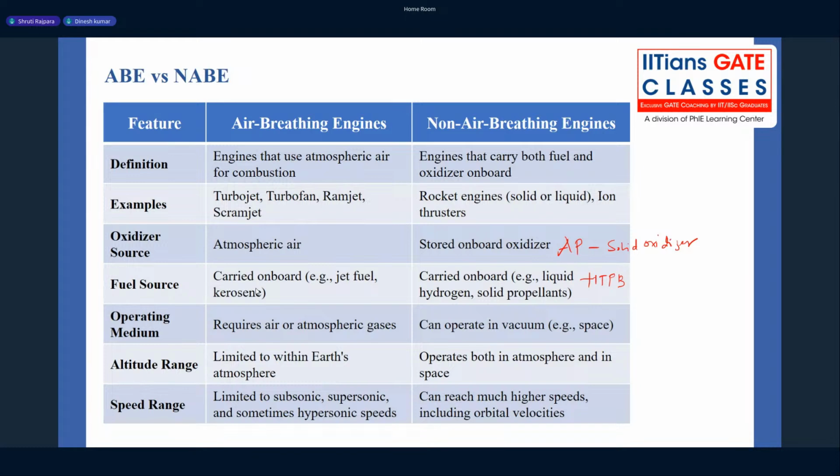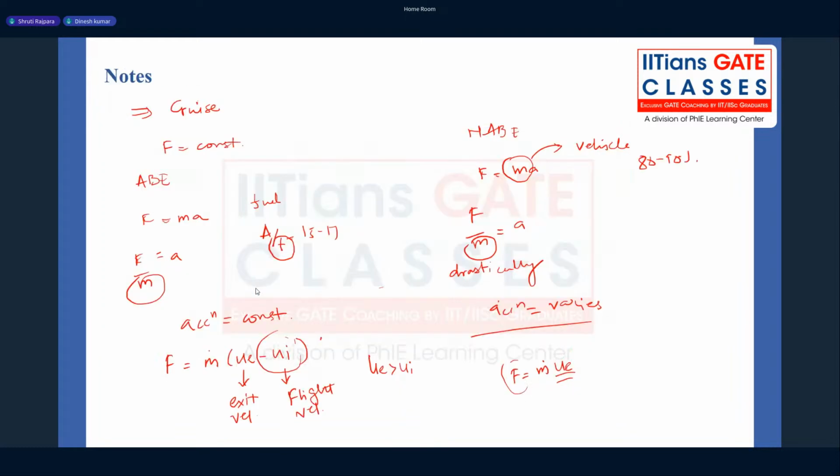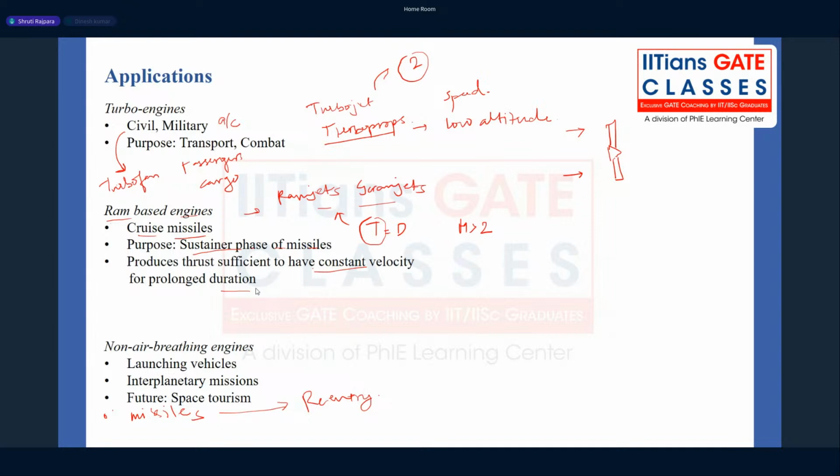If things are clear, I think we can move towards numericals, or some questions based on the current class.